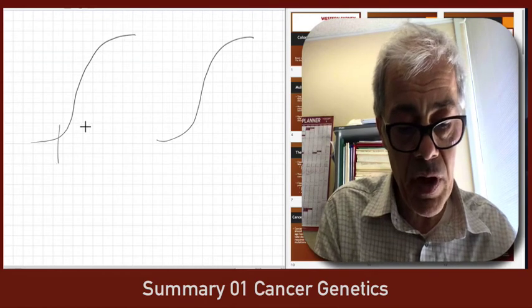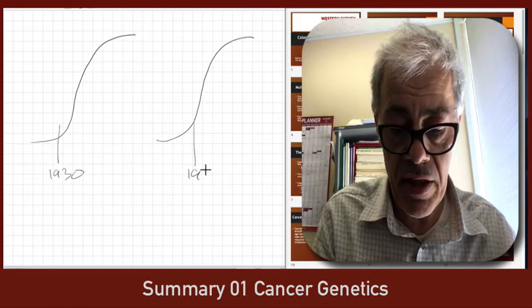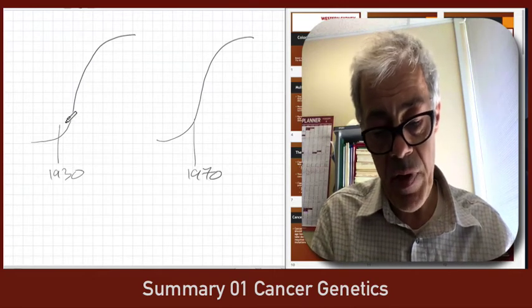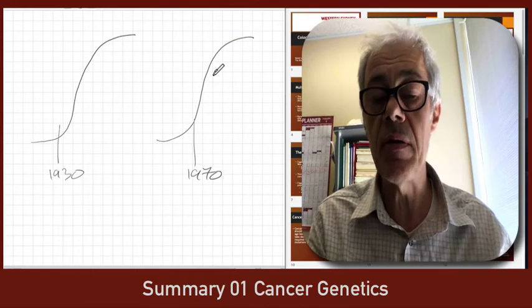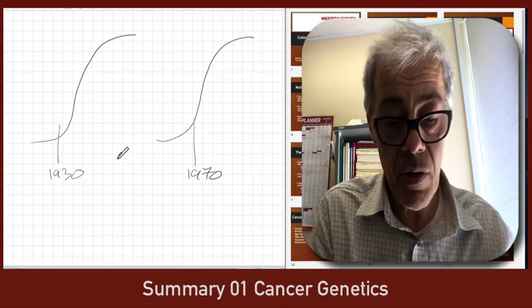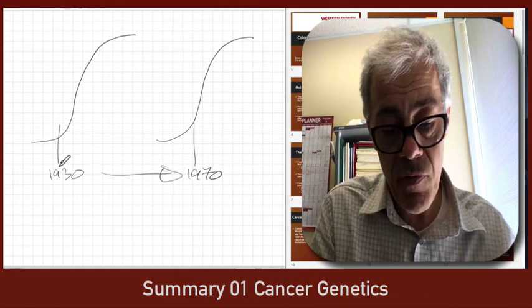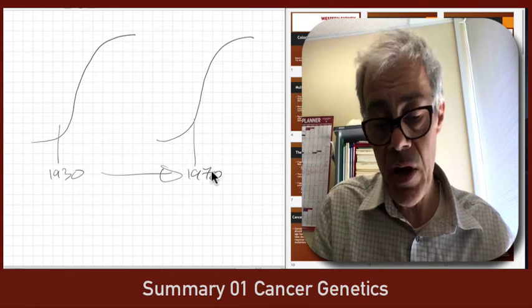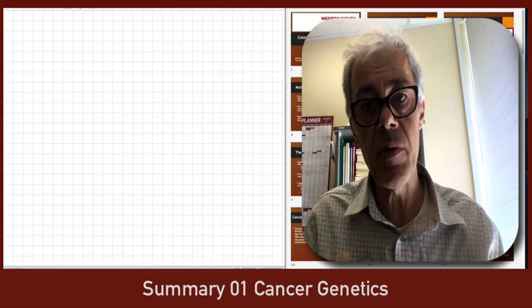From the 1930s to the 1970s, the uptake of smoking is mirrored by the development of cancer. So this is clearly indicating a long time frame from the exposure to the occurrence of the disease, which gives a bit of a hint about what's going on.